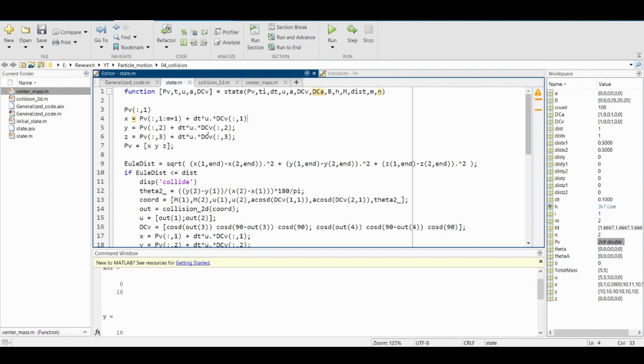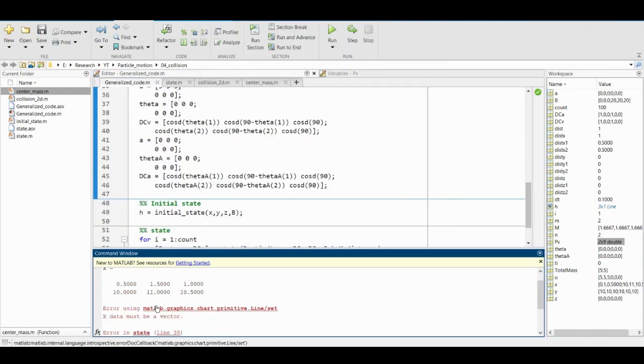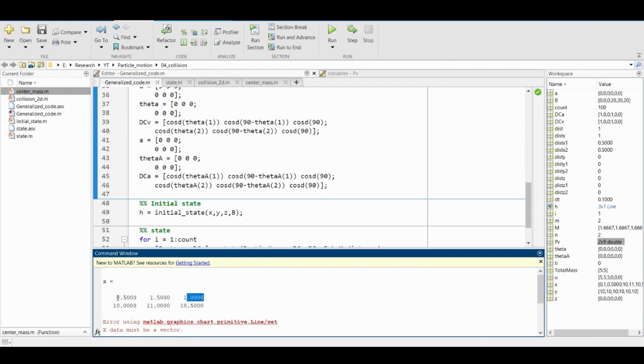Okay. Okay, I'm going to delete this thing. Let's see if X is working nicely. Okay, it's like 0.5, 1.5, and 1. So it's working nicely. This is the first point. This is the second point. This is the center of mass.